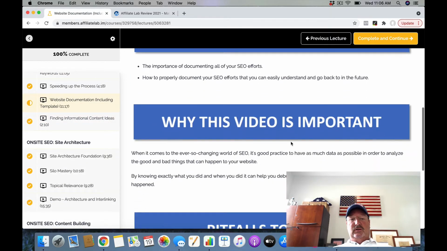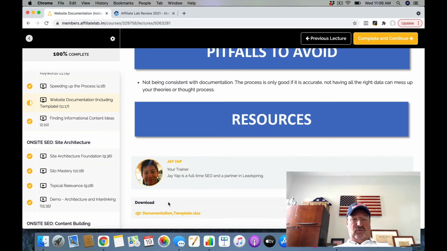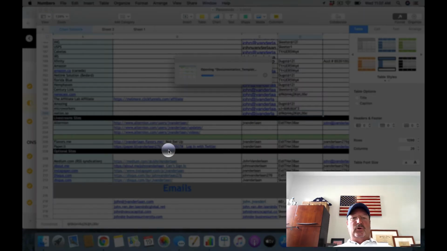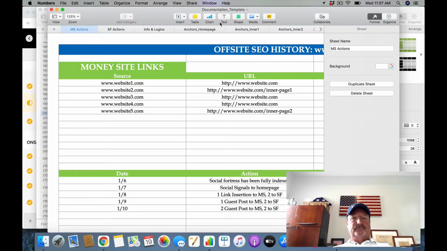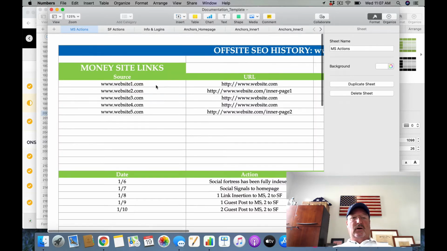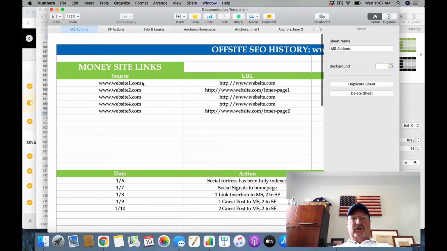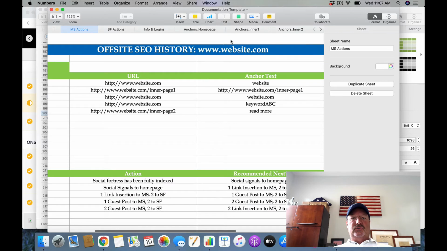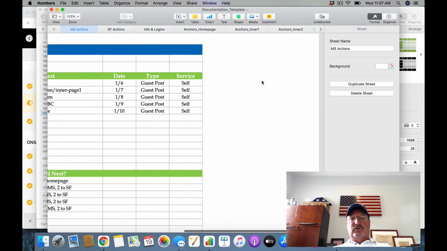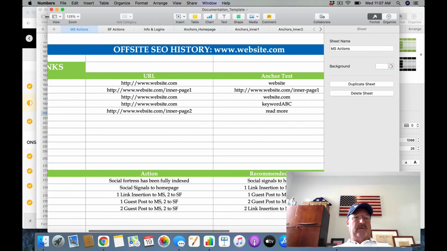This is incredibly valuable because they actually give you the Excel spreadsheet right here, where you will handle your money site links, your offsite SEO history, your anchors, your info and logins, all of this stuff. So this is all covered in here. And these templates are included all along the way, which is phenomenal.